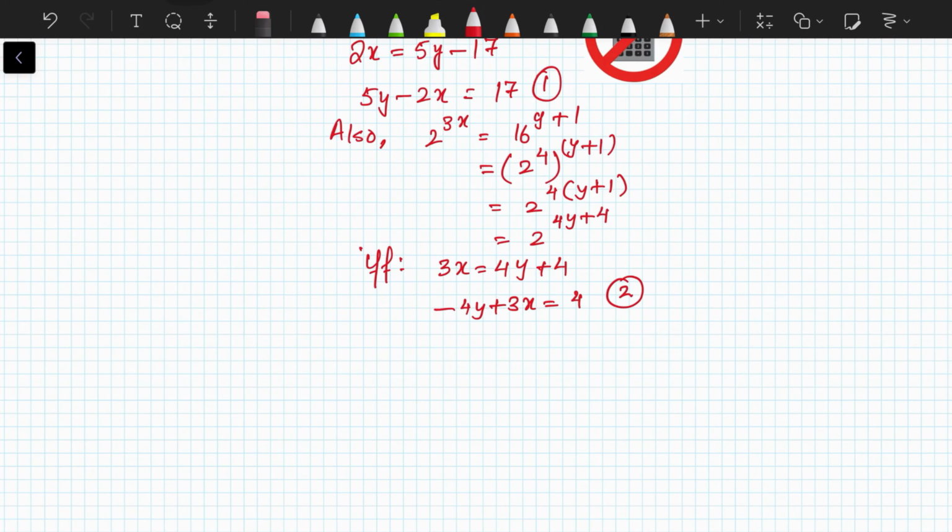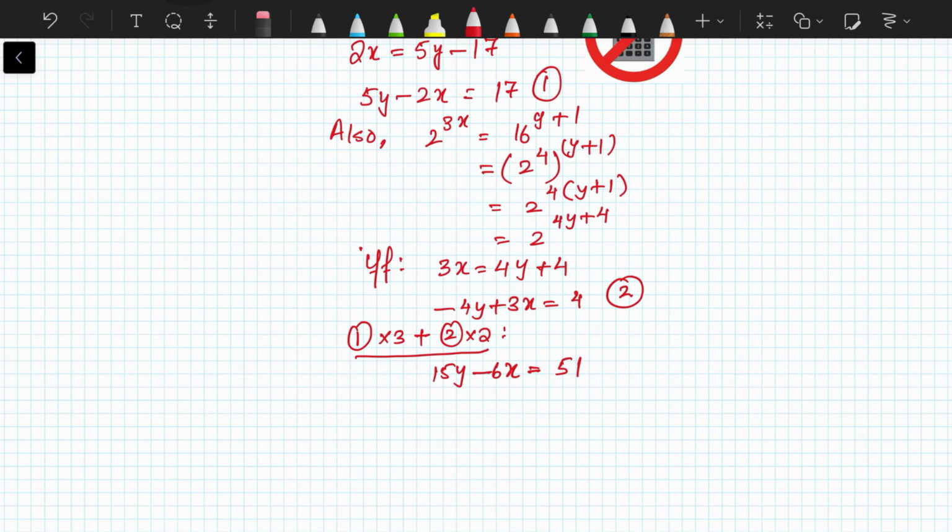So I have two linear equations. Now I can use elimination, I can use substitution to eliminate one variable to solve for x and y. So what I'm going to do, I'll multiply equation number 1 by 3 and I will add equation number 2 after multiplying by 2 to eliminate variable x. So let's do it. So number 1 by 3, it's 15y minus 6x is equal to 51, 17 times 3, 51.